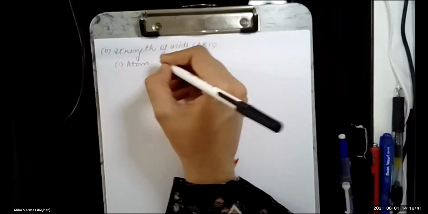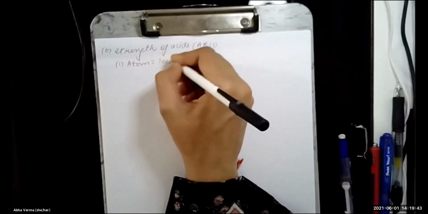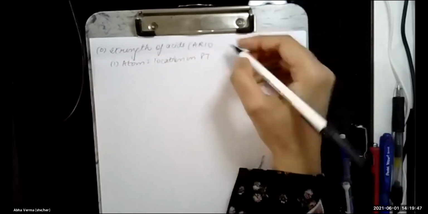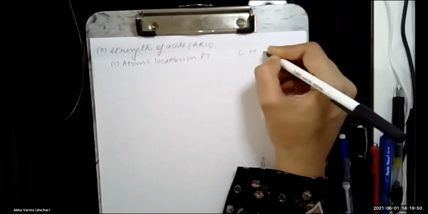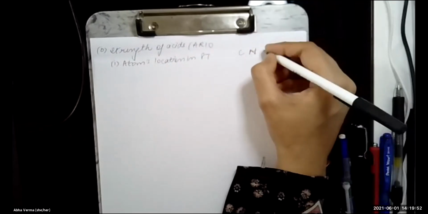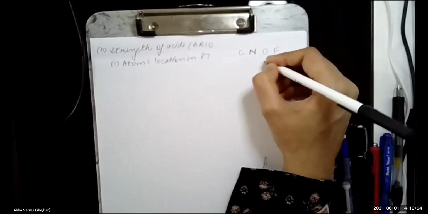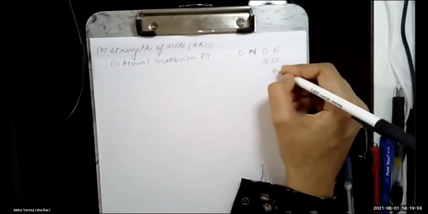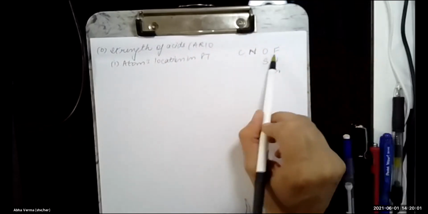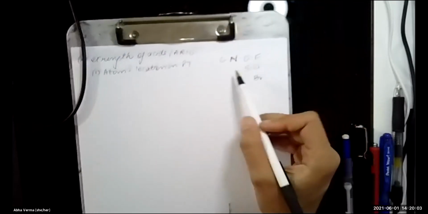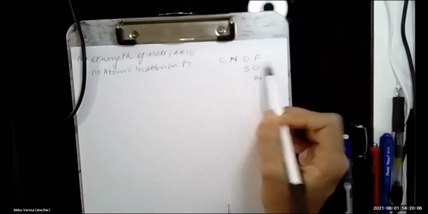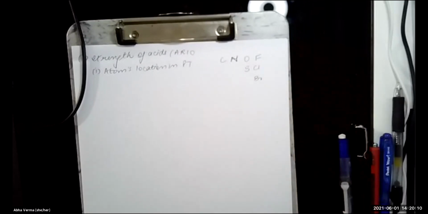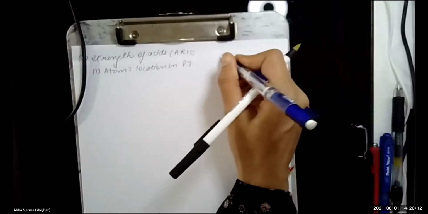Atom: location in the periodic table. So let me draw my C, N, O, F, S. Now looking at this small periodic table, carbon, nitrogen, oxygen, fluorine, and I'm not listing out the inert gases.